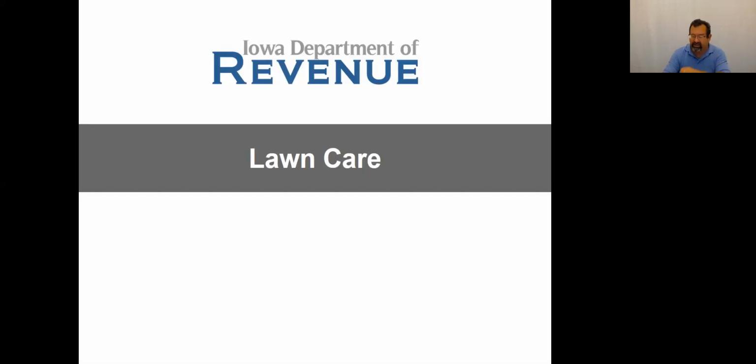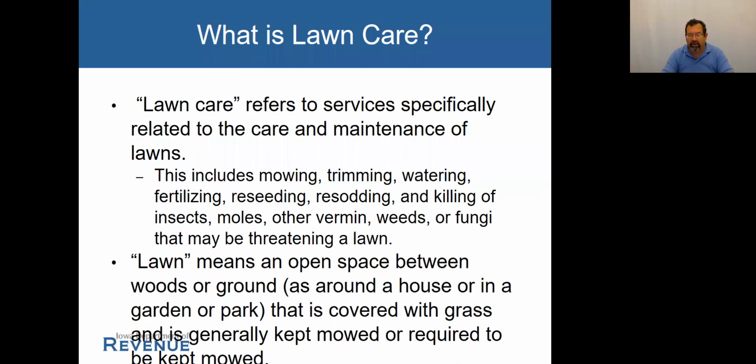Iowa also taxes lawn care. So what is lawn care? Lawn care refers to services specifically related to the care and maintenance of lawns. This includes mowing, trimming, watering, fertilizing, reseeding, resodding, and killing of insects, moles, other vermin, weeds, or fungi that may be threatening a lawn.